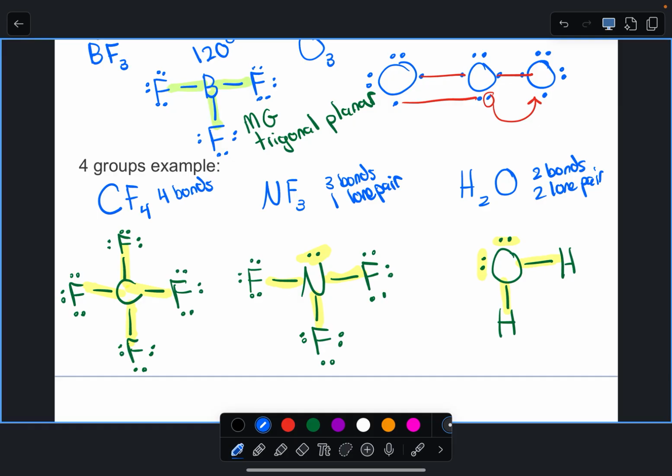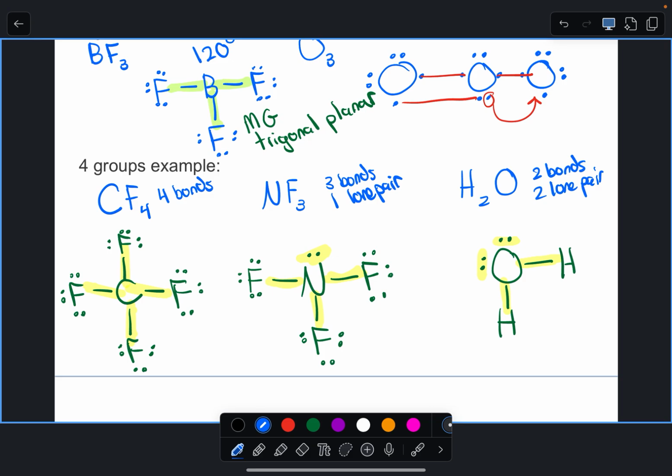But they're all perpendicular to each other. Or sorry, the 2 planes are perpendicular. Any 2 bonds would be 109.5 away from each other. Because if I tried to make them all planar, now they actually would be 90 degrees. So doing it this direction allows them to have a little bit more space.